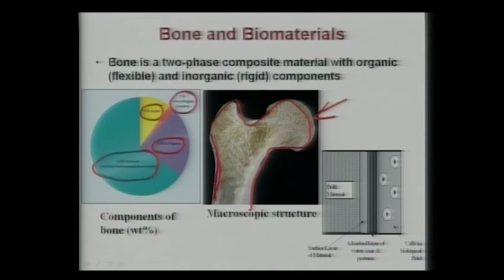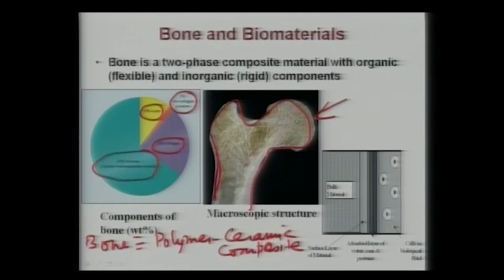So, from this structural point of view, bone is nothing but equivalent to a polymer ceramic composite, which has natural hydroxyapatite, with the content being 65%, and the rest is 23% collagen.